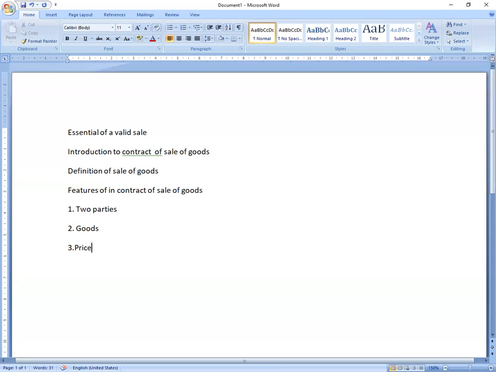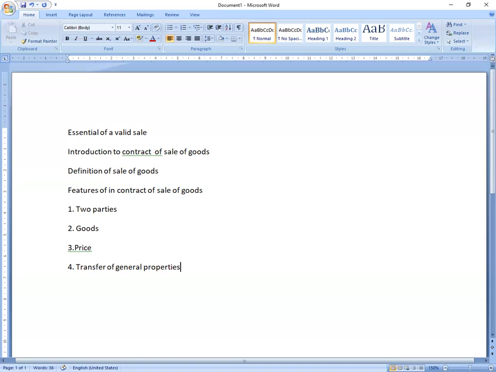Fourth, transfer of general property. Transfer of general property is one of the essential elements of a contract of sale.